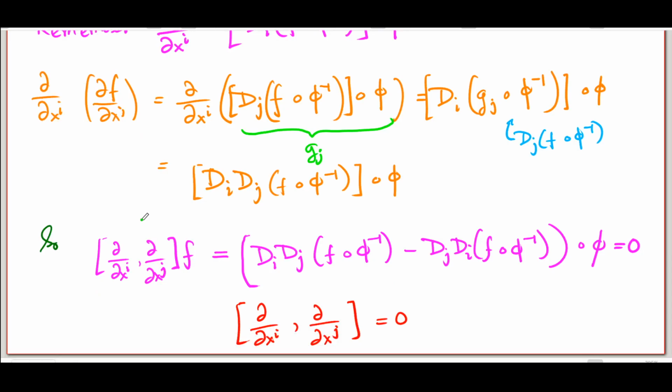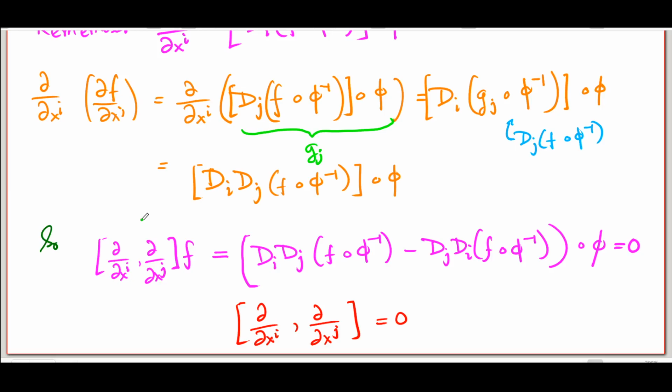But now notice that f composite phi inverse is actually a function of n real variables. It's a smooth function because that's exactly what you mean when you say that f is a smooth function on the manifold. And for this smooth function, di dj and dj di, these are genuine mixed partial derivatives. They have to be equal to each other.